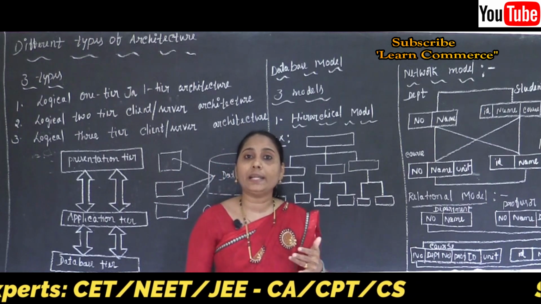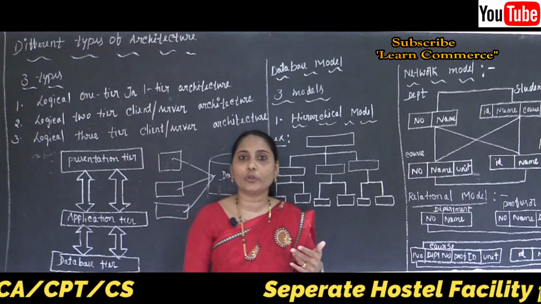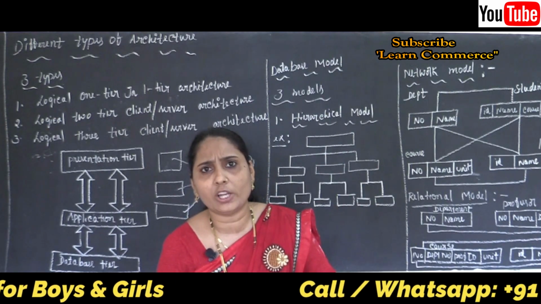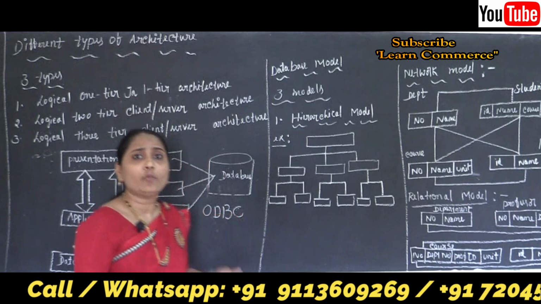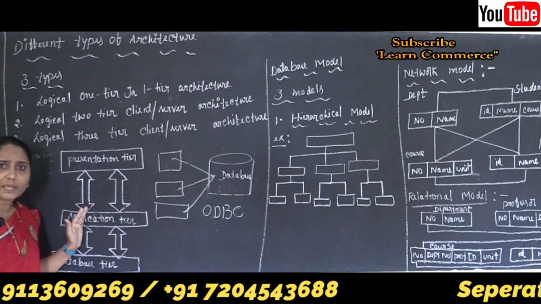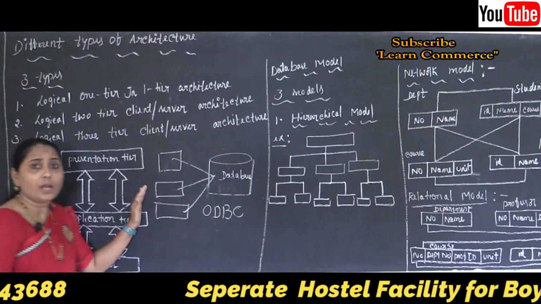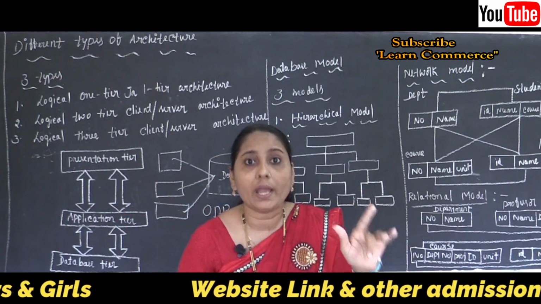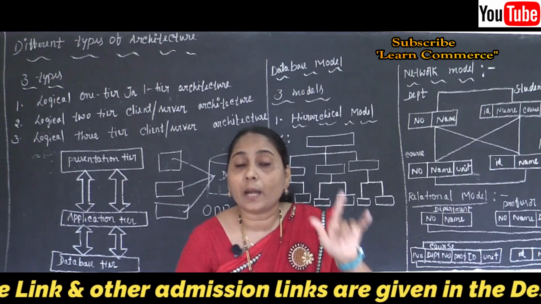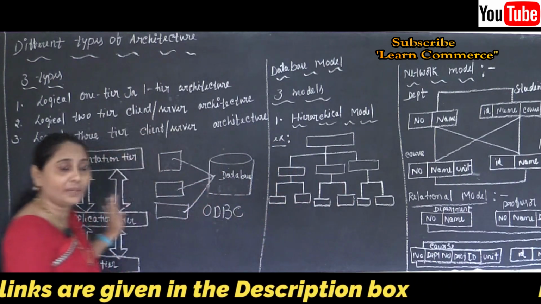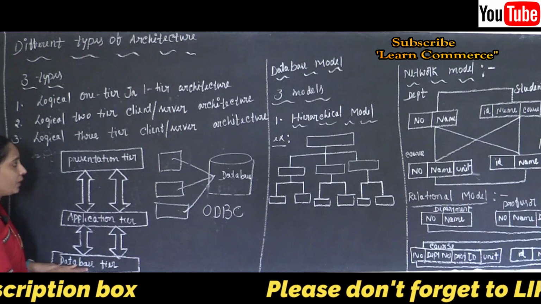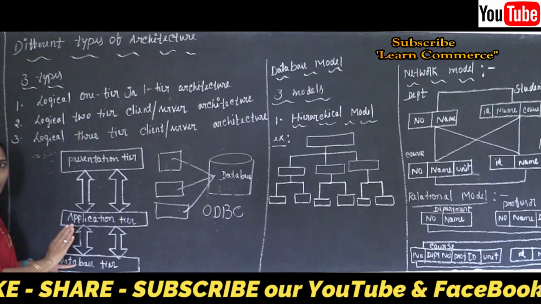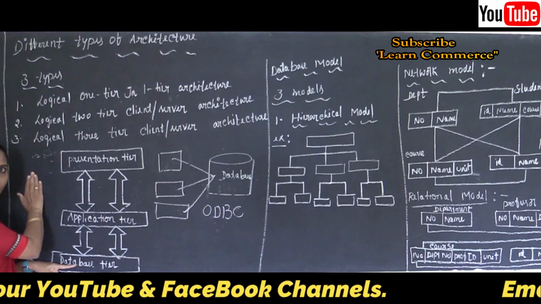So what intermediary or medium are we going to use? The medium is the application server, which is also called the web server. And what's the work done by our application server or the web server? This layer acts like a medium, sending processed data, partially processed data, between the database server and the client. Clear this point? Now, in a very simple way, I will tell the meaning of the logical three-tier architecture.